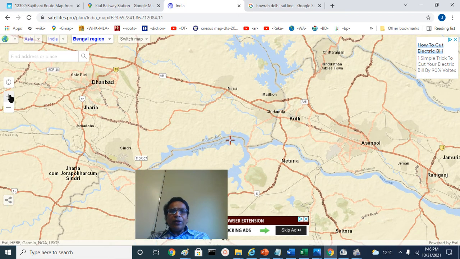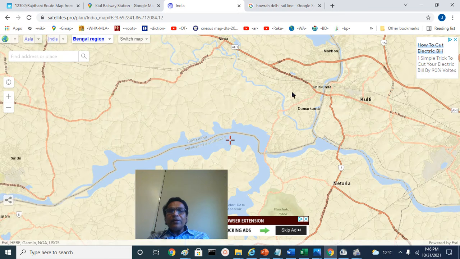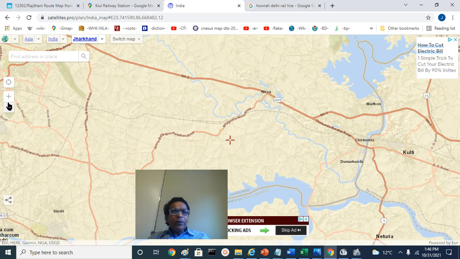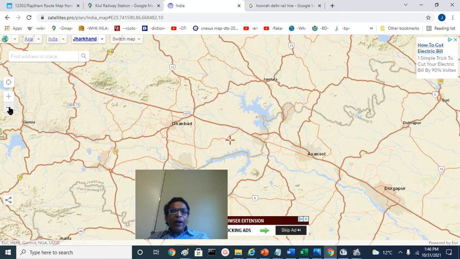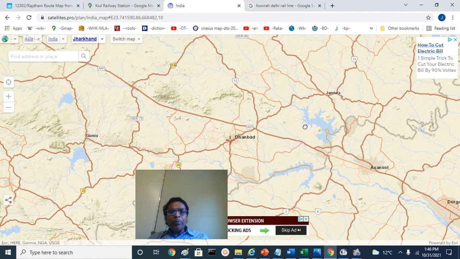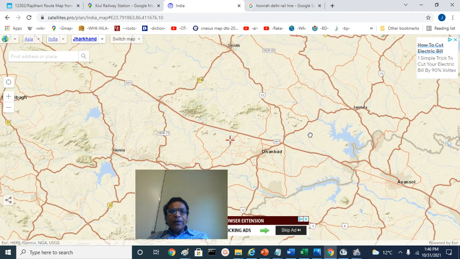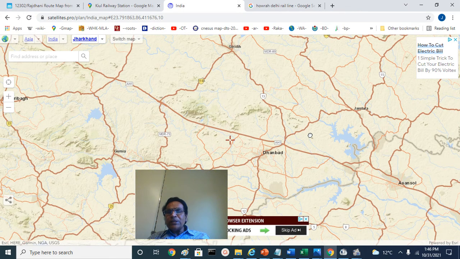Sitarampur will be here. I don't want to zoom in too much so that you don't lose the major point. Dhanbad, then it goes in the Hazaribagh plateau region, that is the low-lying region.